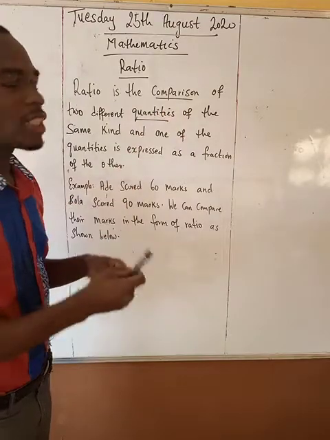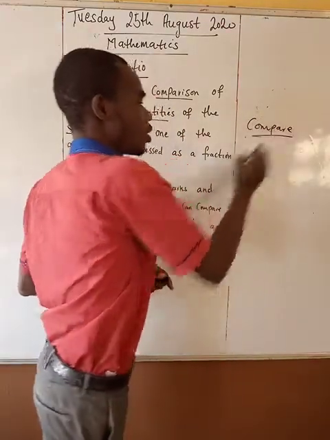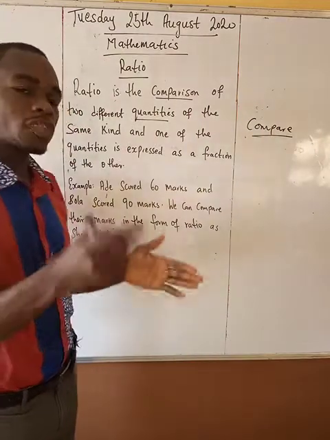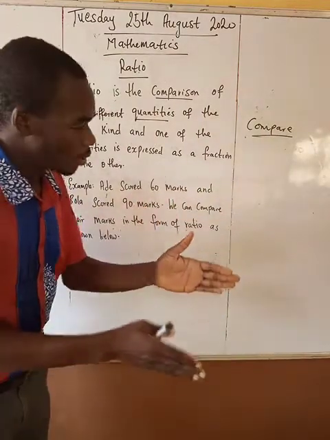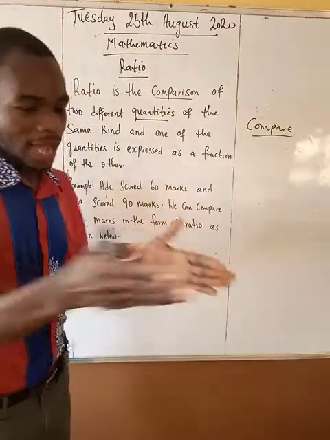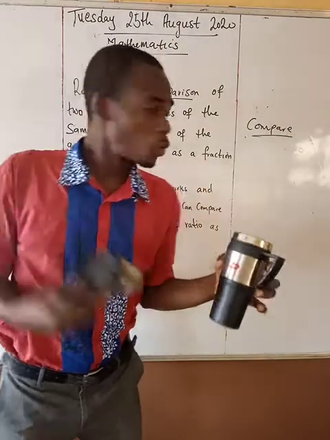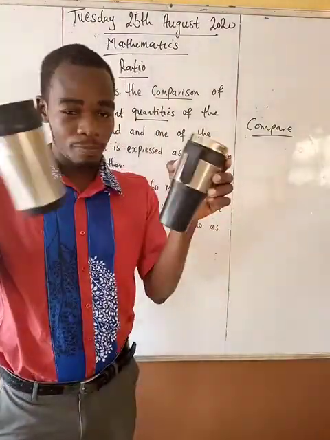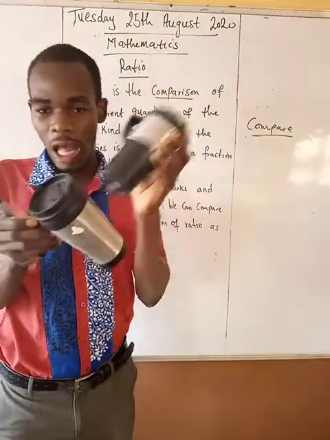Now, comparison is gotten from the word compare. To compare simply means you are trying to say the differences between A and B. For example, if I want to compare these two cups, I'm trying to say, what does this have that this does not have?